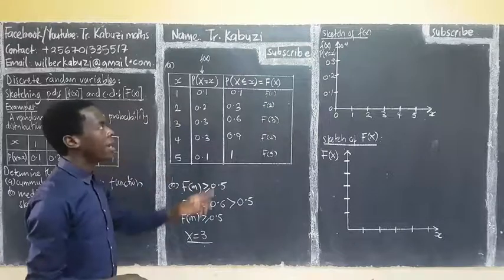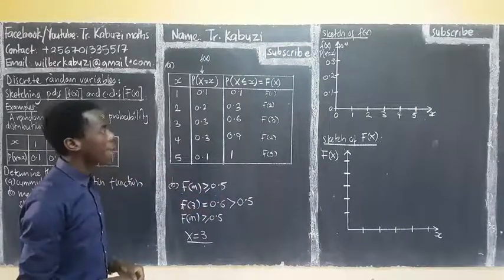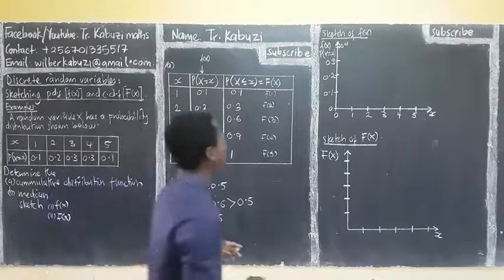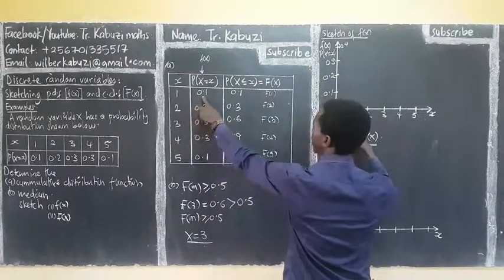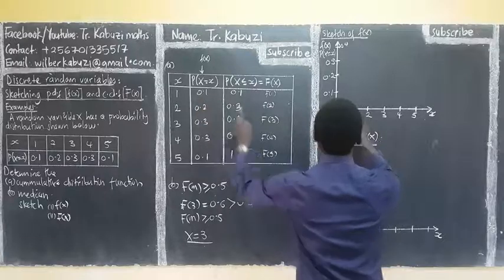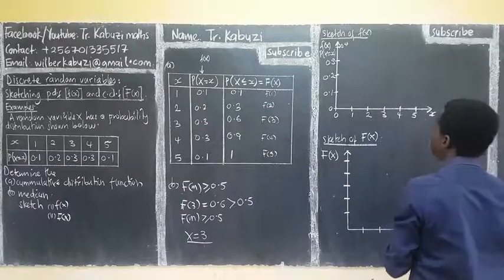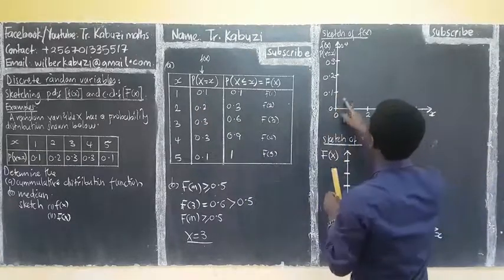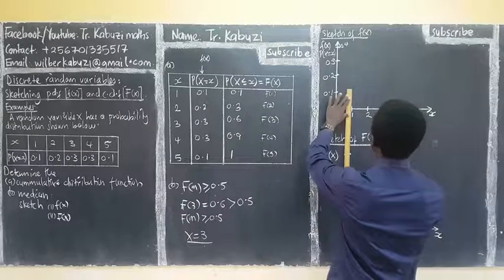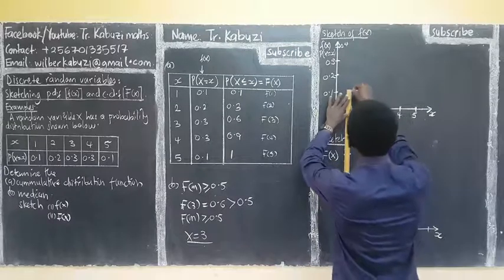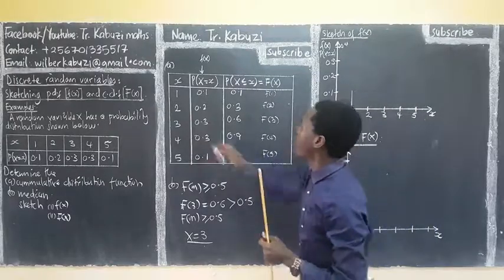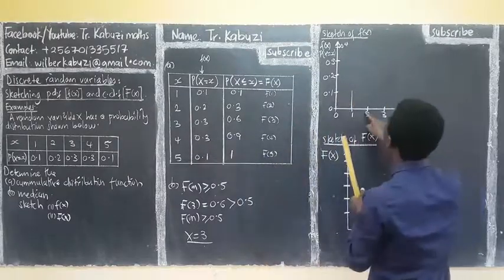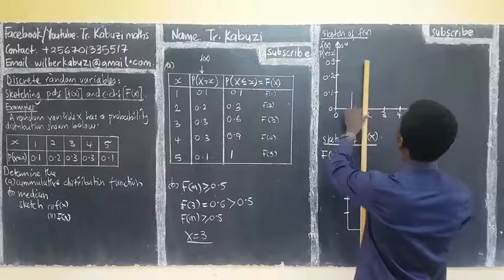For them now, we put them vertically. So when x is 1, its f of x is 0.1. So I take my ruler, find 1 and 0.1, put it there, and draw it like that. Then when x is 2, I have 0.2.